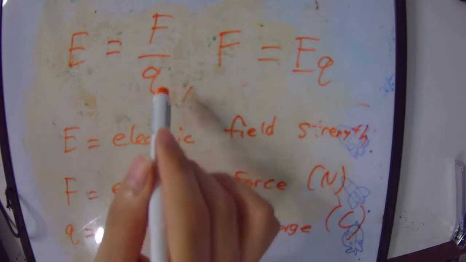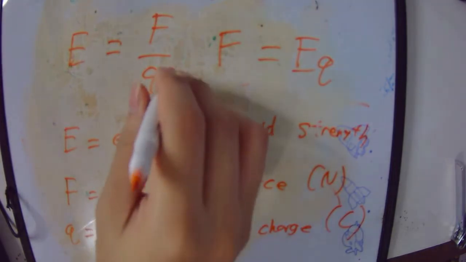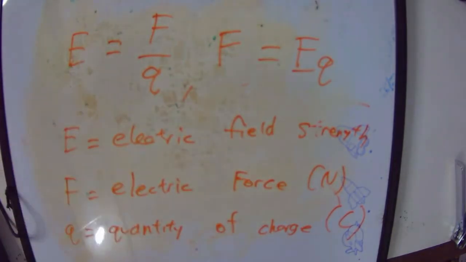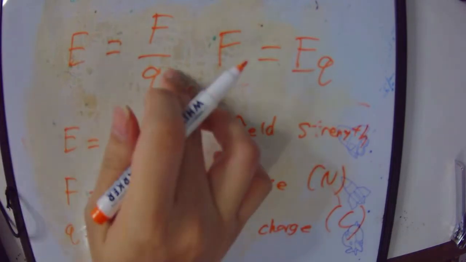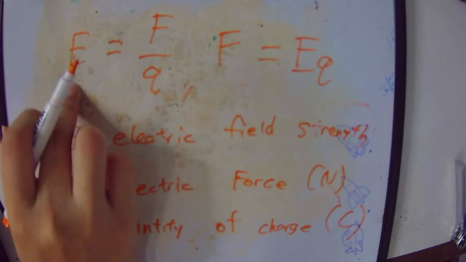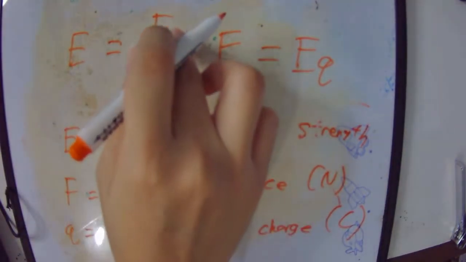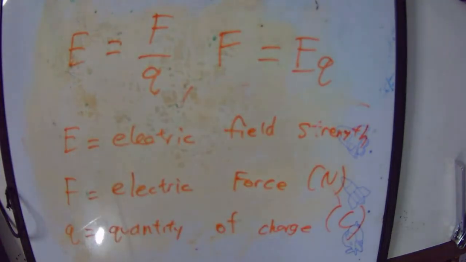The only thing that's changing is Q, the quantity of electric charge or the number of coulombs. Which one would cause a stronger electric field strength? And you can answer in the chat. A higher number of coulombs or a lower number of coulombs? If F is always the same, which one would cause a stronger electric field?